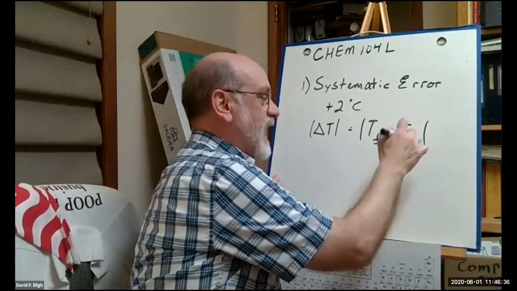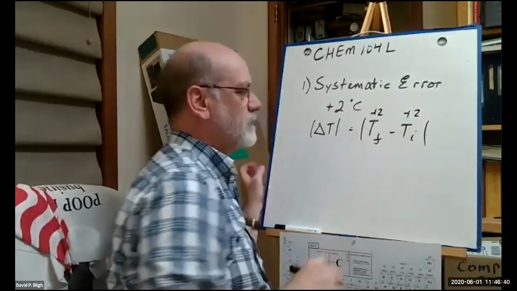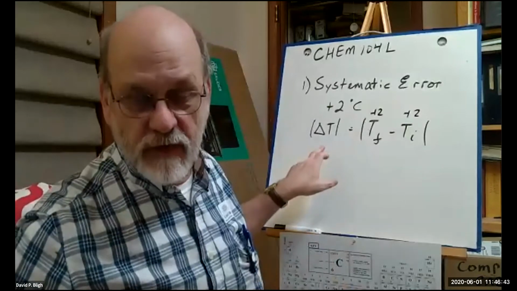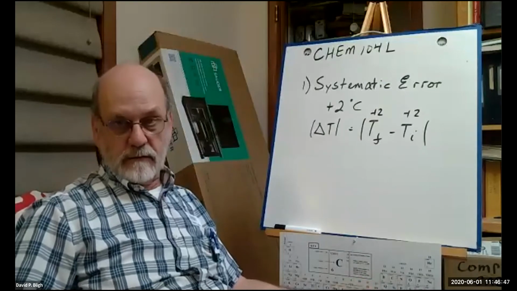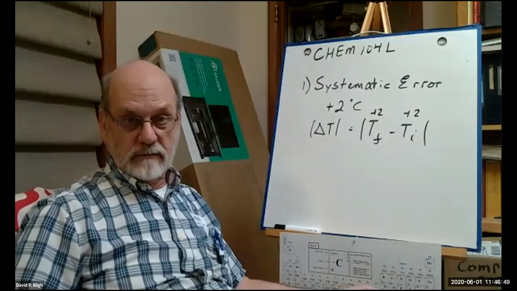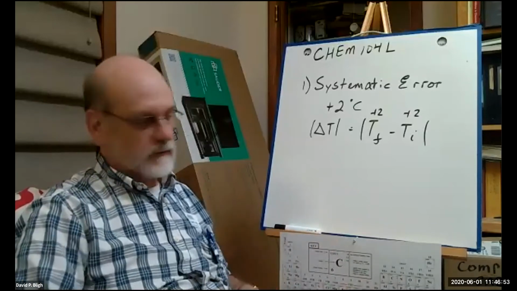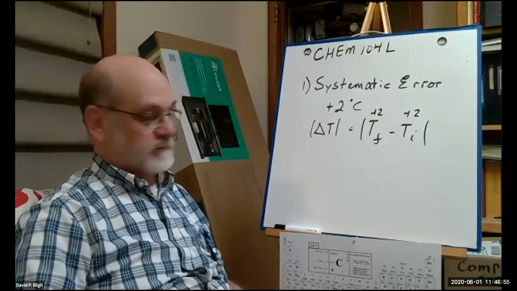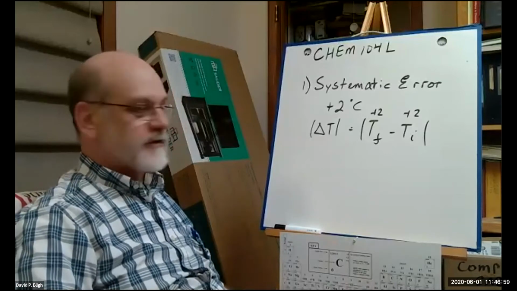If this one reads high and this one reads high, what effect does that have on the change? Think about it. It's not that hard. And I'm not going to give you the answer because that's one of your questions. But if you think about it, it's pretty simple. That's a systematic error.